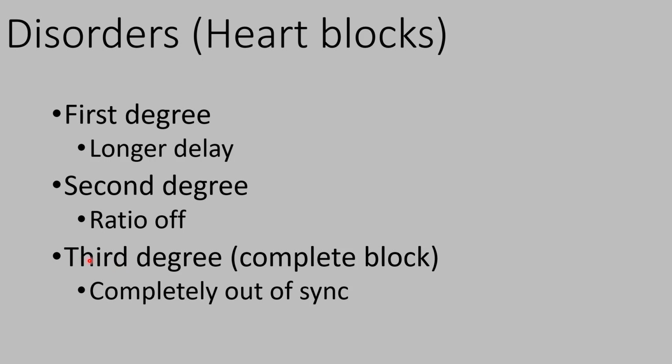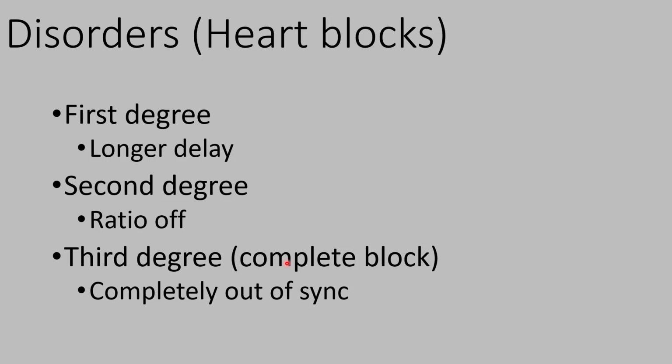And in a third degree block, or a complete block, what happens is the AV node no longer functions at all. It has died off. So the SA node is pacing the atria at the normal rate. We see normal P waves, but the bundle of His is taking over to pace the ventricles since the AV node is no longer there.